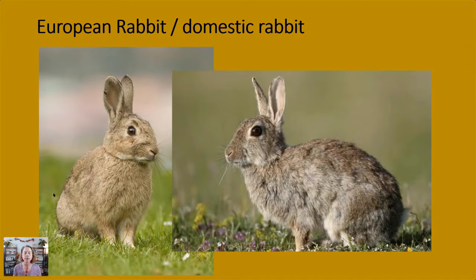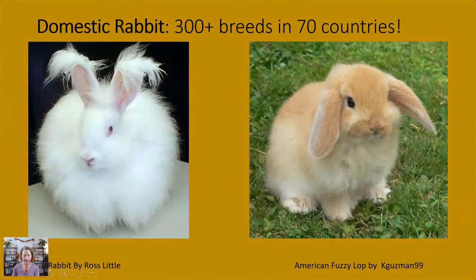Rabbits are much more able to become tame, whereas the jackrabbit we'll draw at the end, none of those have ever been tamed. So the domestic rabbit was bred from the wild European rabbit. And the domestic rabbit has over 300 breeds in 70 countries.